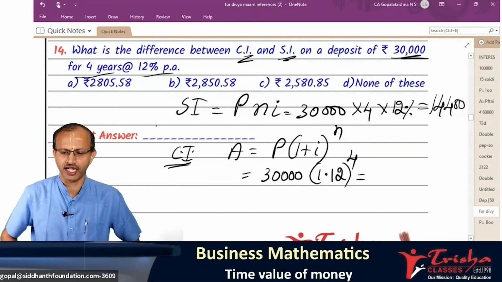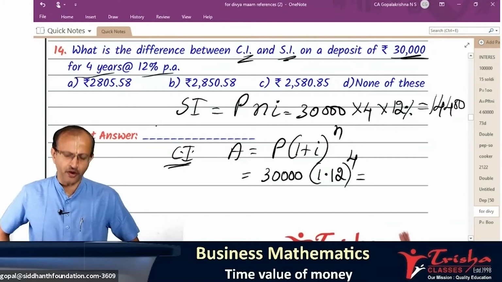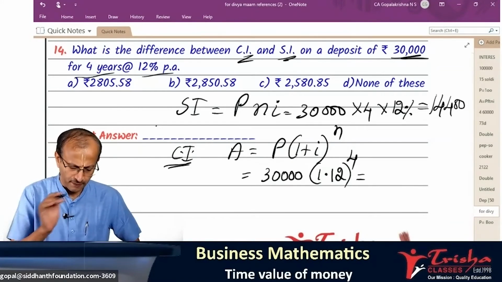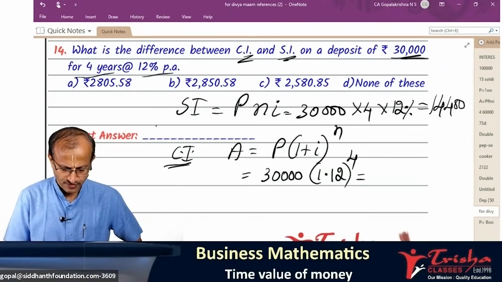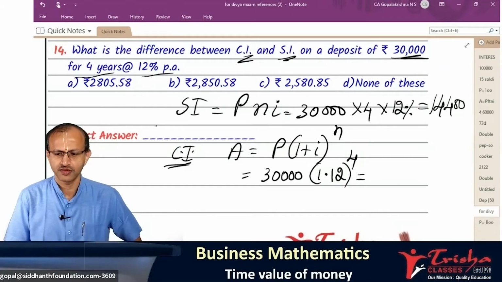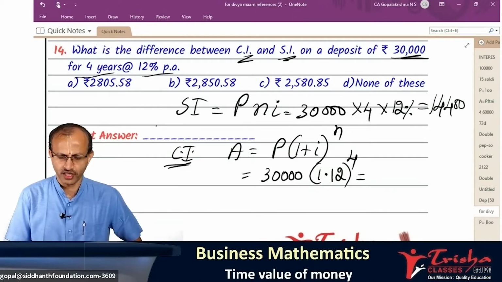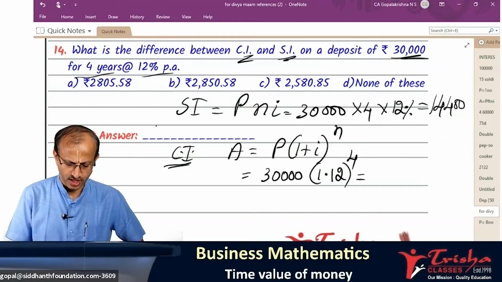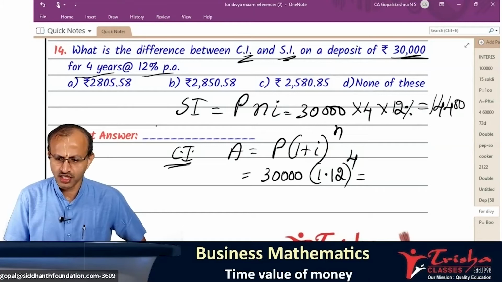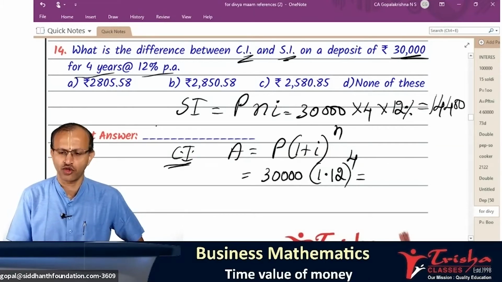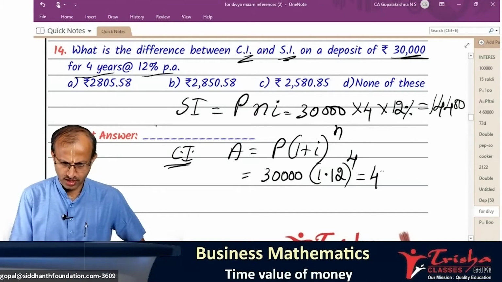All of you work out and tell me the last answer: 1.12 to the power 4 multiplied by 30,000. Nitin and Jerry say it is 47,205.58. Whether you got this answer?